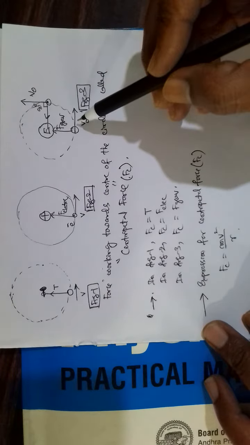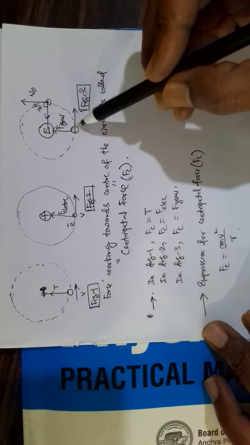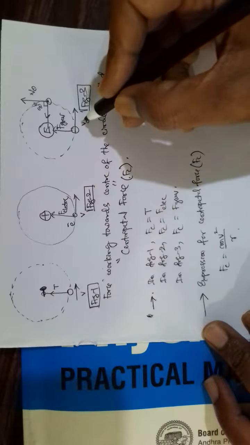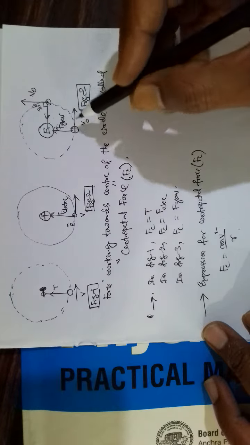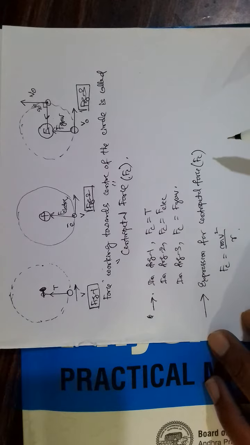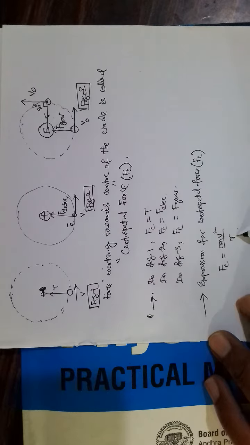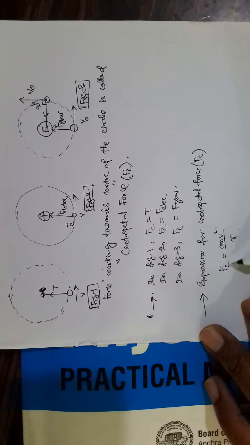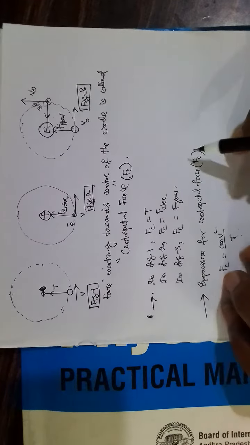Now how much speed this artificial satellite must have, how much orbital speed it must possess so that it moves around Earth in a circle. So here the expression for centripetal force is mv square by r. Making use of this expression, we can calculate centripetal force.